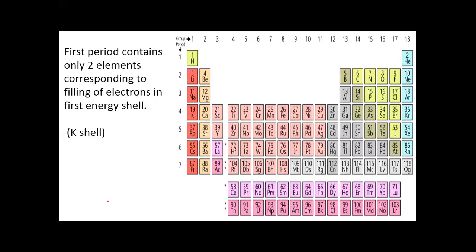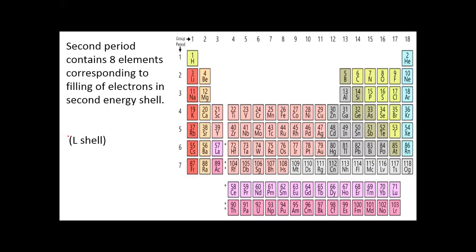Now, the first period contains only two elements. You can see this is the first period, containing hydrogen and helium. This is the K shell. The second period contains 8 elements corresponding to the L shell. So 1, 2, 3, 4, 5, 6, 7, 8. 8 elements are present in the second period.